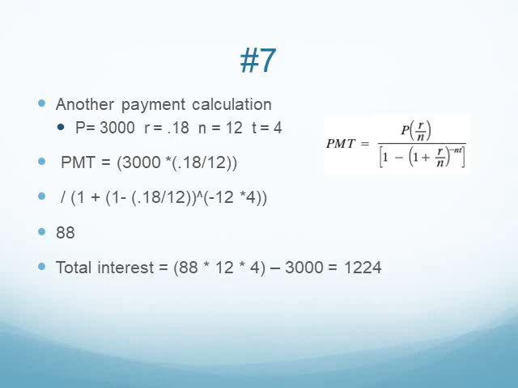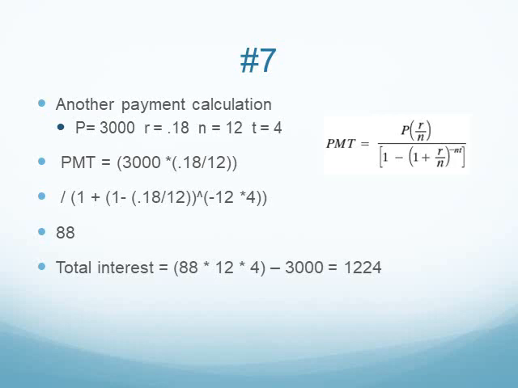3,000 times parentheses, 0.18 divided by 12, close your parentheses, equal sign, and then hit the division sign, ANS division sign, and then start your parentheses for the denominator. Again, don't forget that this is raised to the negative 12 times 4.